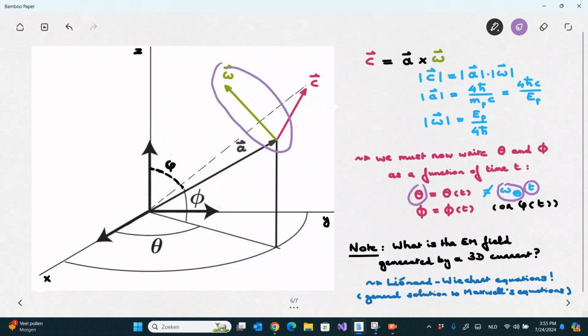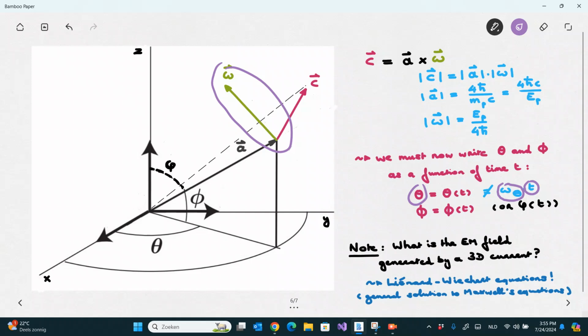The frequency is the frequency, but its direction changes, and so you cannot directly relate the frequency vector that I have in my proton model to these two angles, the azimuthal and the polar angle. You cannot write simply that delta is equal to some omega delta projection times t. No, it's a much more complicated function.